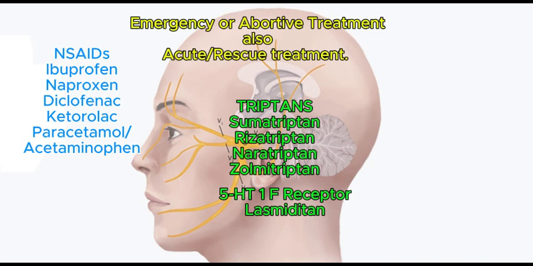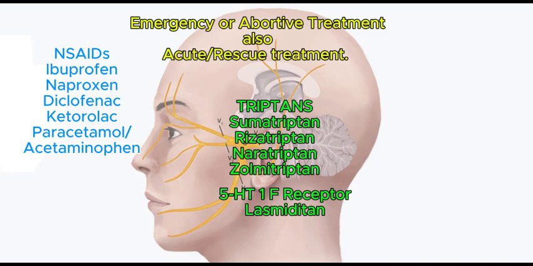vasoconstriction. For example, lasmiditan is a centrally penetrating agonist of the 5-hydroxytryptamine 1F receptor with high affinity, but more studies are needed.